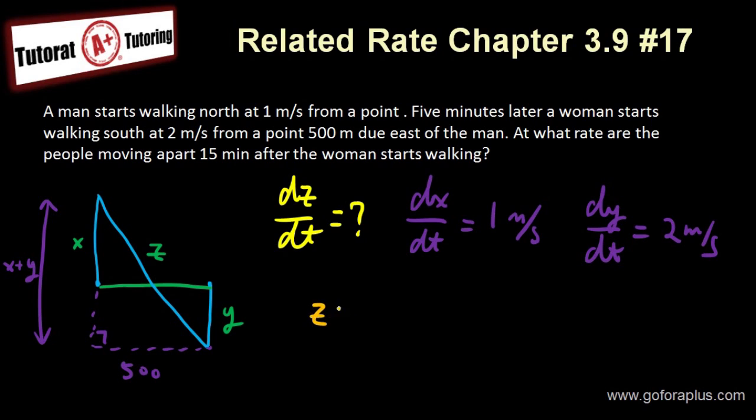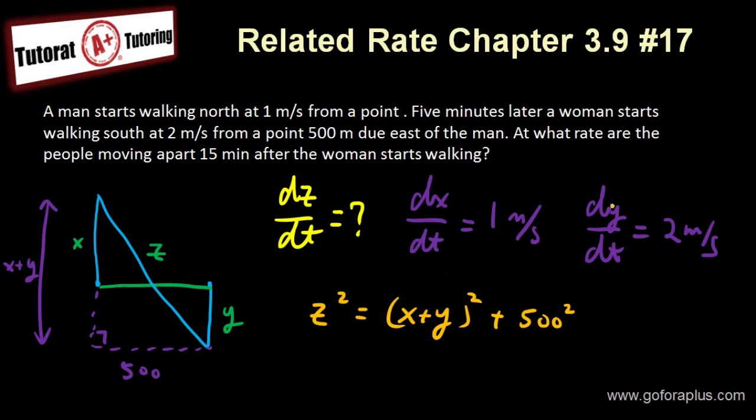Now, z squared equals (x plus y) squared plus 500 squared. That's the Pythagorean theorem, right? So I have this equation, I have the information here, and I have my question here. So all I need to do now is differentiate this equation and then plug in all the numbers. We might be missing some information here, then I'll show you how to find x and y afterward, right?